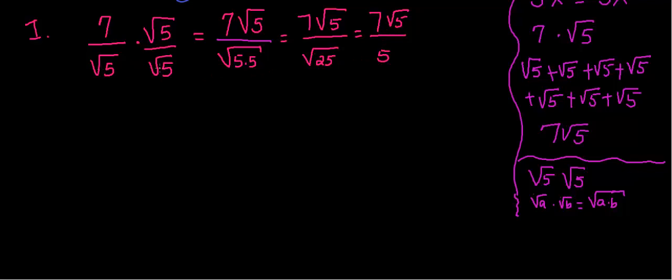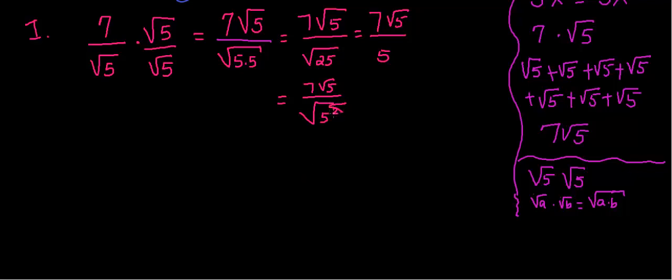And also notice that when I did square root of 5 times square root of 5 and I used the product property, I could say this is square root of 25, but I could have also said that this is square root of 5 squared, right?